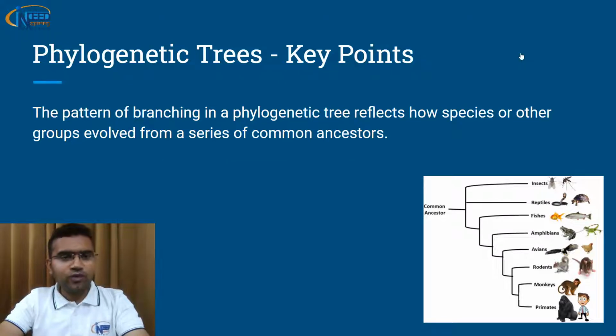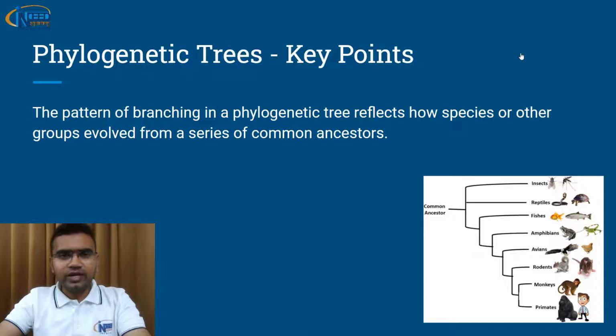Let us understand a few key points related to phylogenetic trees. The pattern of branching in phylogenetic trees reflects how species or other groups evolved from a series of common ancestors. Here we try to understand the branches.